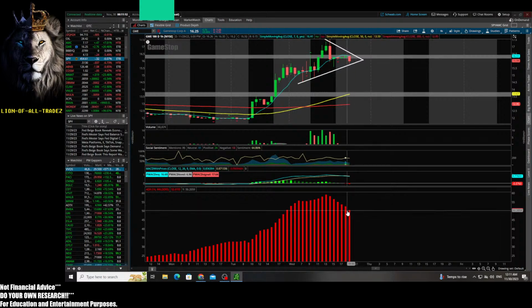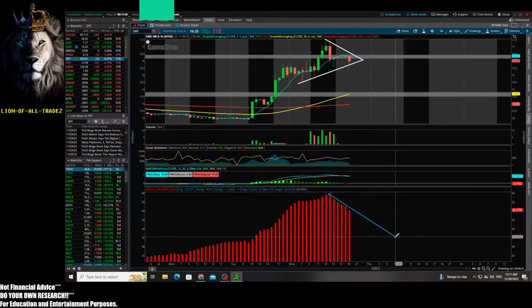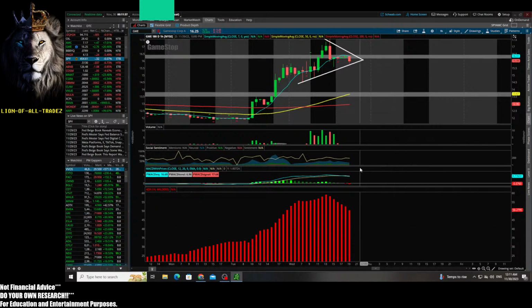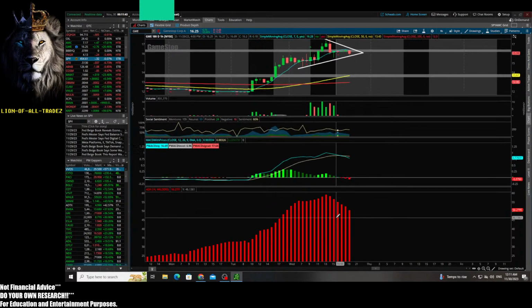So what we would say is, if it consolidates and comes back up, then you'll know the trend is still strong. If it starts to pull back down, like this, then that's how you know as well that we are going to pull back down. So yeah, all right, with that being said, just take note of that.